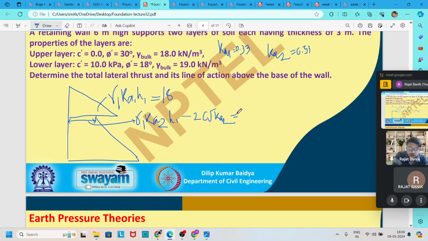So it becomes 18 into Ka2 is 0.53 into H1 is 3 minus 2 into C is given 10 into root 0.53. It becomes 14.06.